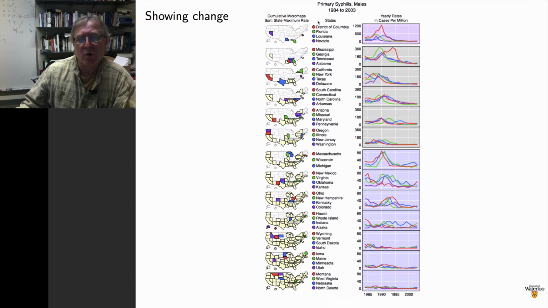And the more you know about it, you think, well, I wonder why that is, that Nevada, Louisiana, Florida might have high syphilis rates. And the cases per million for the time series for Washington, D.C., you can see this remarkable sharp peak up to 1,200 cases per million males having primary syphilis, and that was around 1990.